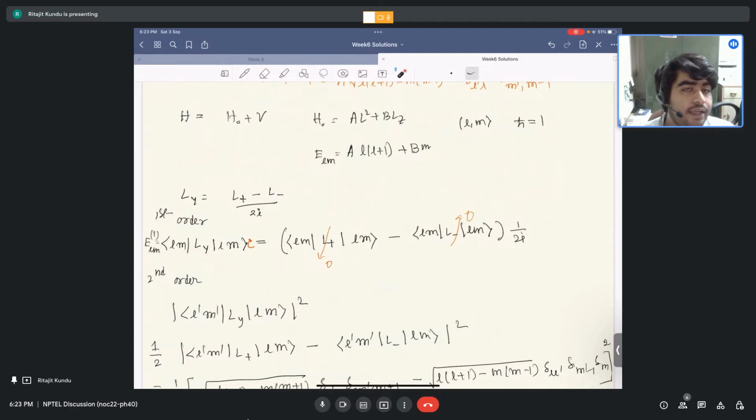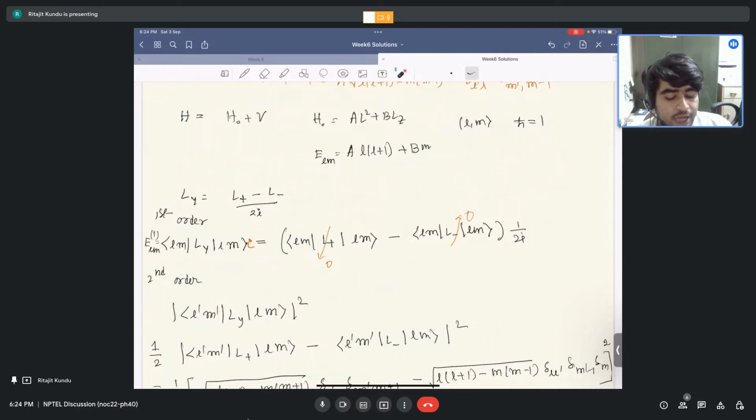Because this L_y only has ladder operators, whenever you take the expectation value of a ladder operator, that always vanishes. Why? Because L plus will increase m to m plus 1, but this is m, not m plus 1, so when you take the inner product of m and m plus 1, that quantity becomes 0.